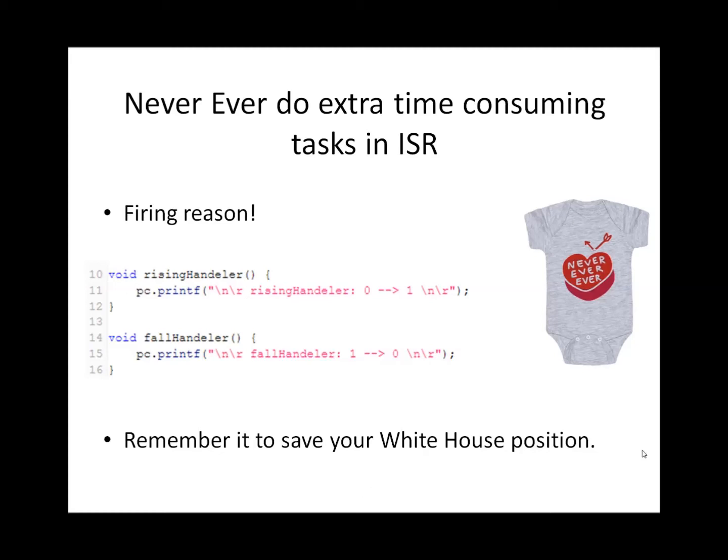Assigning x equal 1 or flag equal 1 is not like printf. x or flag equal 1 should be one single cycle in the processor, right? We are talking about cycles. You are an embedded systems designer, so it's processor cycles or whatever.